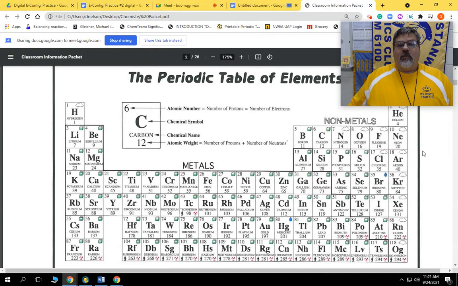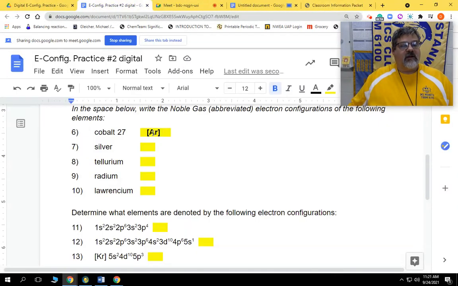So it's 4s2 3d7. Let's make those superscripts, otherwise they're just other numbers. So we have 18, 19, 20 plus 7 is 27. That is the correct answer.